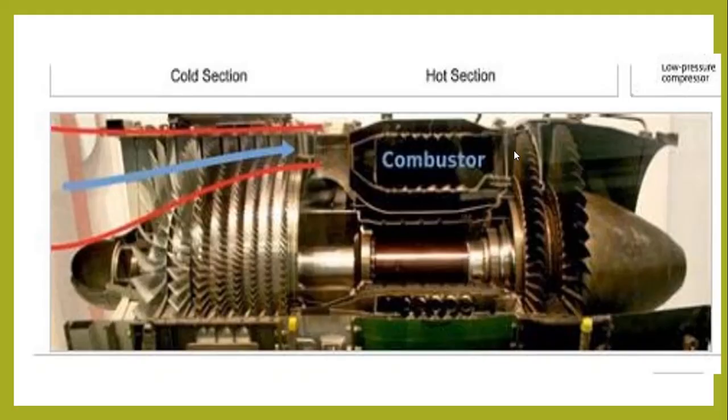It makes sure that the air flowing to the compressor is free of turbulence. It should not be turbulent, it should be orderly. We have the cold section and the hot section. The combustor is part of the hot section, and exhaust. In the cold section we have the air intake, then we also have the compressor and the diffuser section.